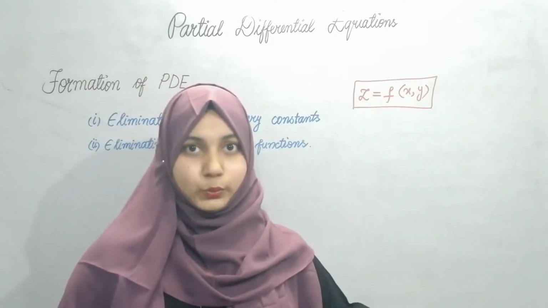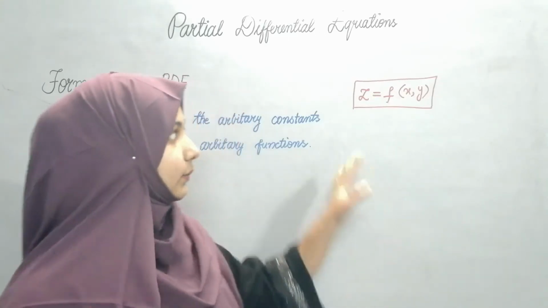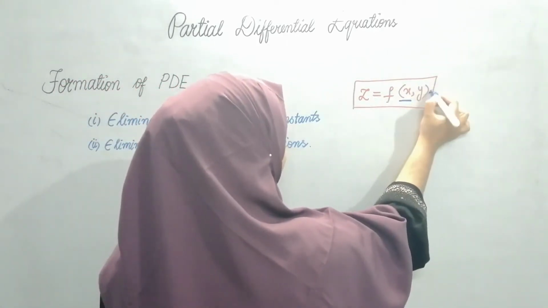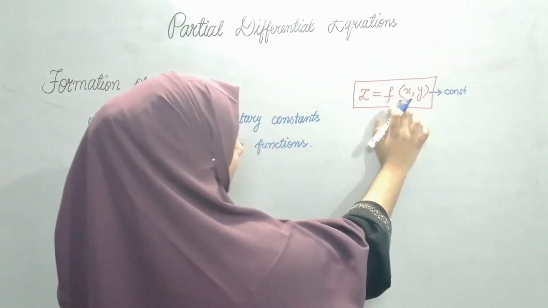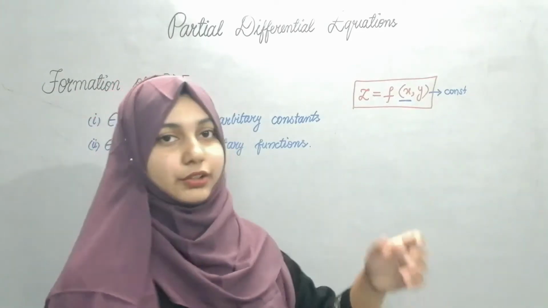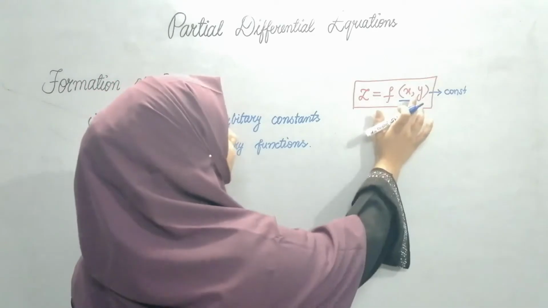Suppose I've got u and v, I'll differentiate with respect to u, then with respect to v. When I am differentiating with respect to one variable, the other will remain a constant. If I am differentiating with respect to x, y remains constant. If I am differentiating with respect to y, x becomes constant. Okay, moving on.